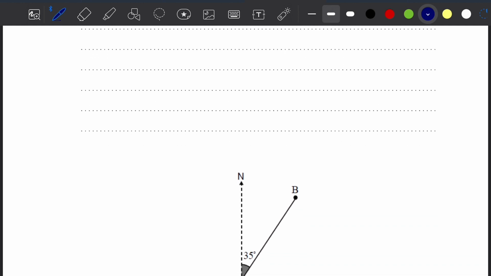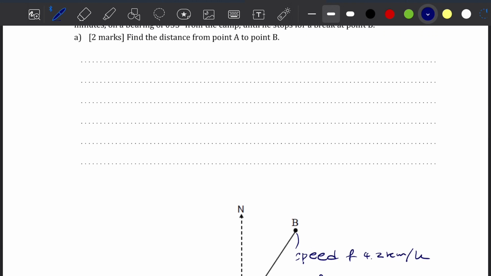So we have a diagram here. He walks from point A to point B with the speed of 4.2 km per hour for 45 minutes. Okay, and we need to find the distance between point A and point B using this information.